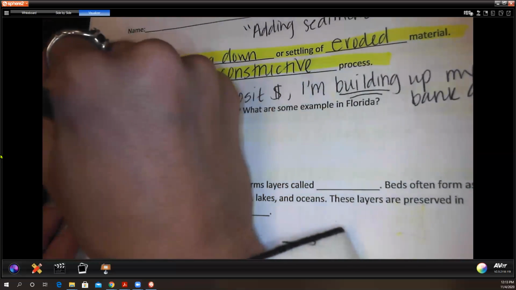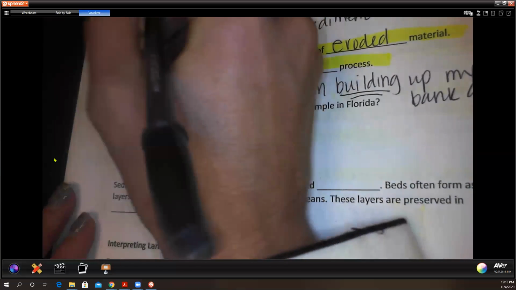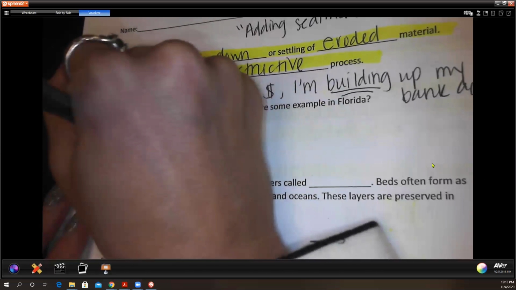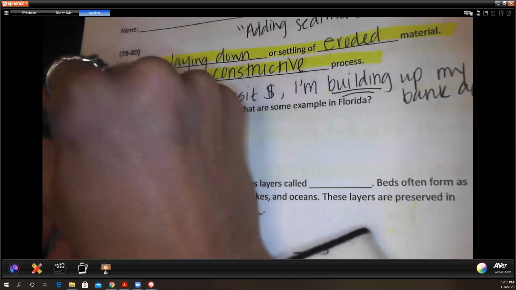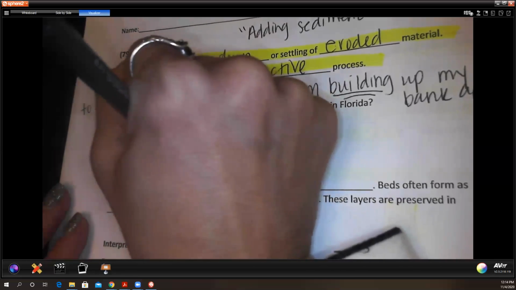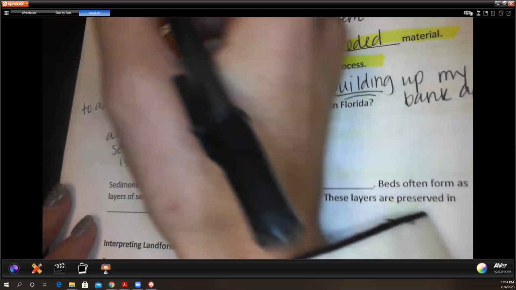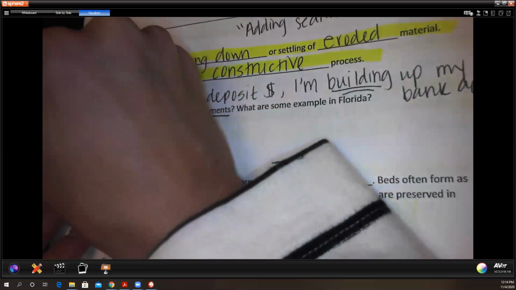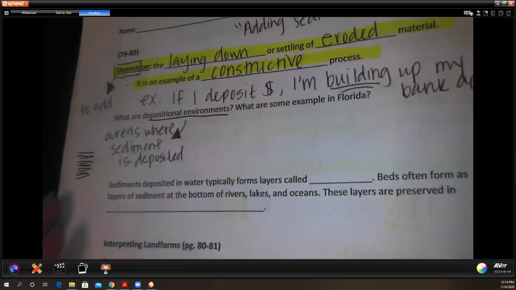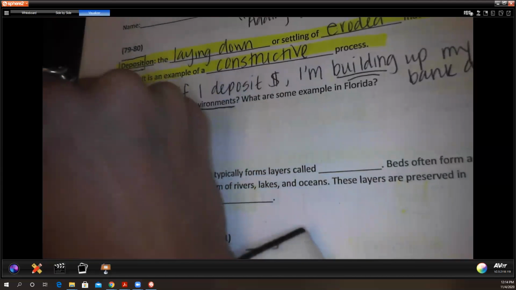Sediment settles. Very good. Areas where sediment is deposited. So that is deposit. And I like to think of it like it builds up like layers, right? It builds up like layers.